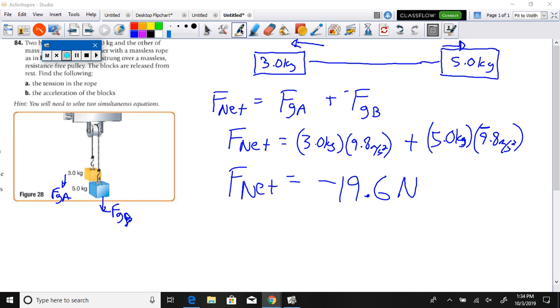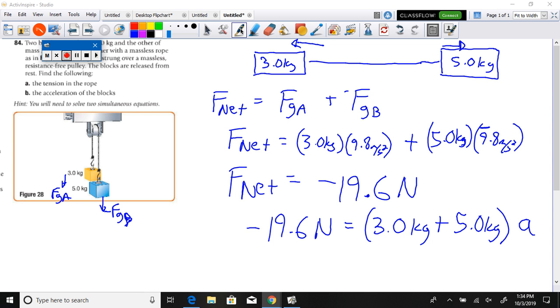So if we have a net force of negative 19.6 newtons, then shouldn't we include both masses in our mass to find the acceleration? Shouldn't we do that? Find the acceleration. Negative 2.45 meters per second squared is my acceleration.